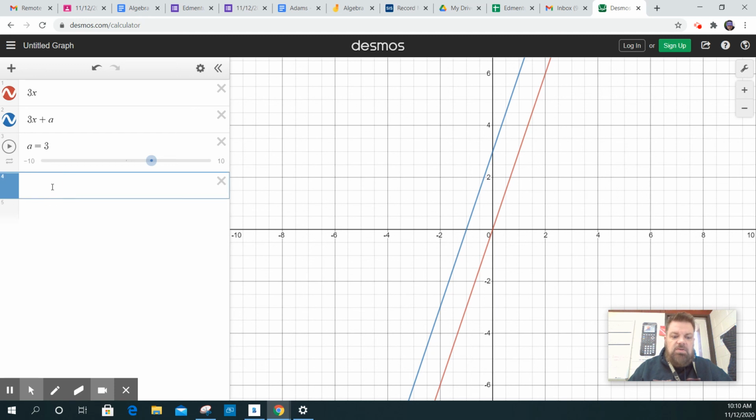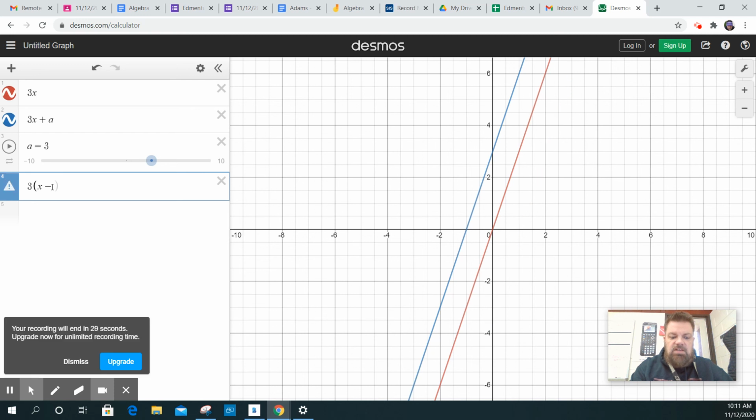So what I could do is say that's the same as f of x. But instead of f of x, if I say 3 times x, now this is interesting. I've got to say minus 1. I'm going to put b in there.